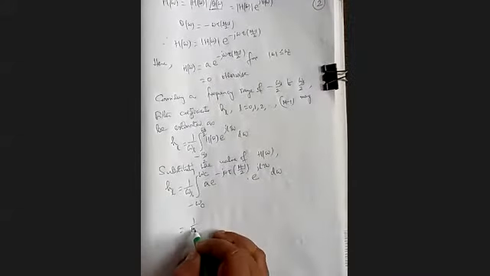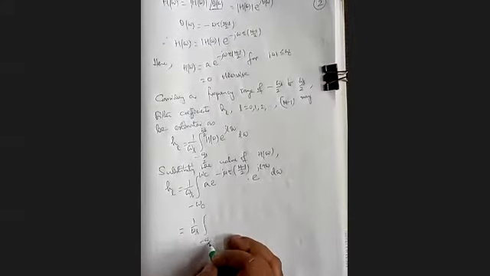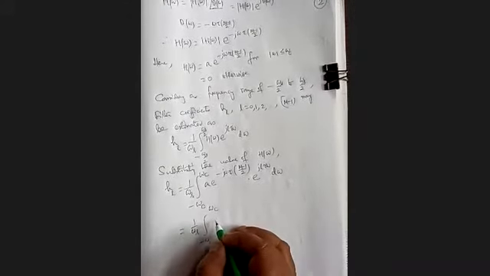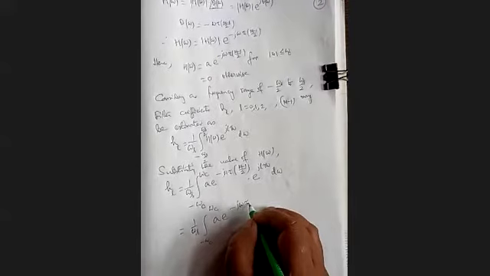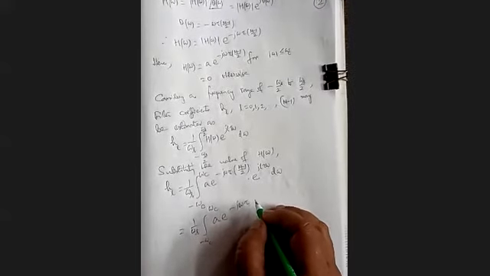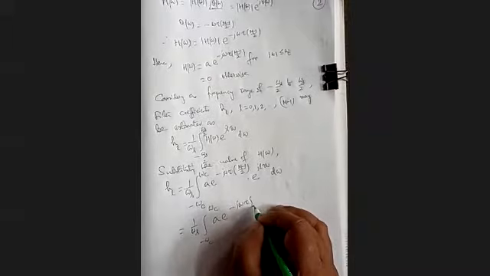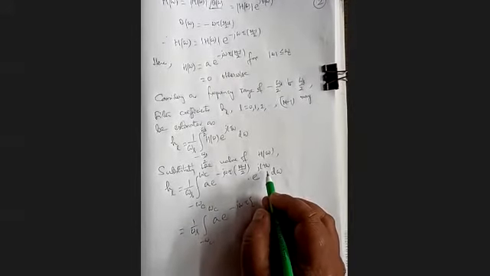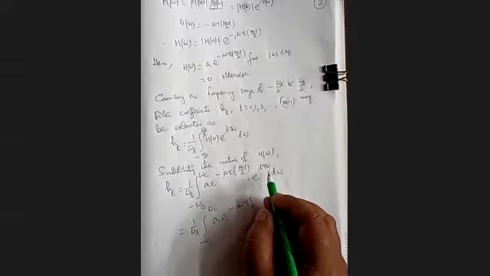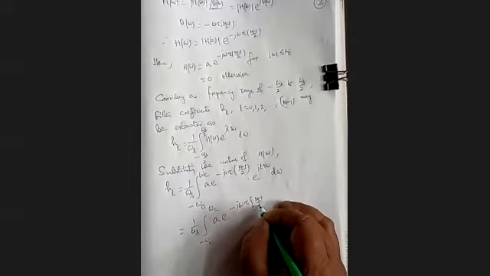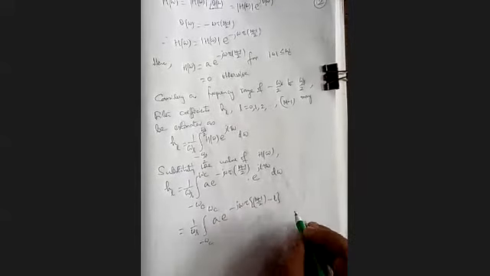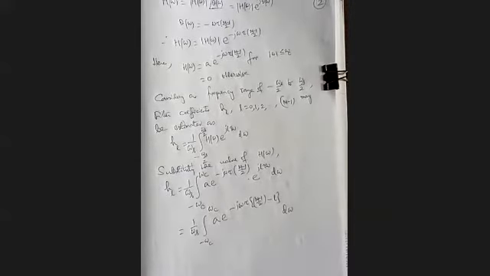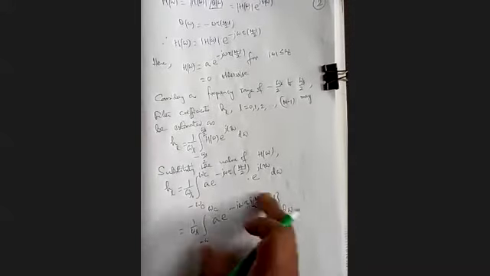So it is 1 by omega s, A e to the power minus j omega tau, m minus 1 by 2 minus L, d omega. Our next task is to integrate it.